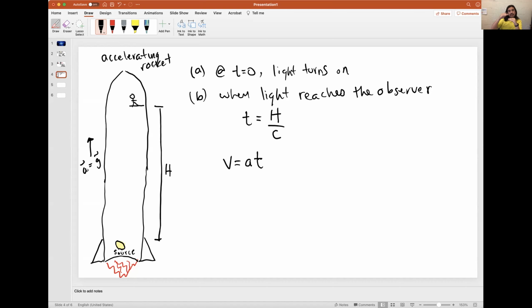Between the light hitting the person at time t and time 0, which is when the light was turned on. So it took some time, and it depends on the height. So we know that the acceleration is g, and we know that the time was h over c. So now we can talk about what the velocity of the rocket was during this interval, and we can say that.